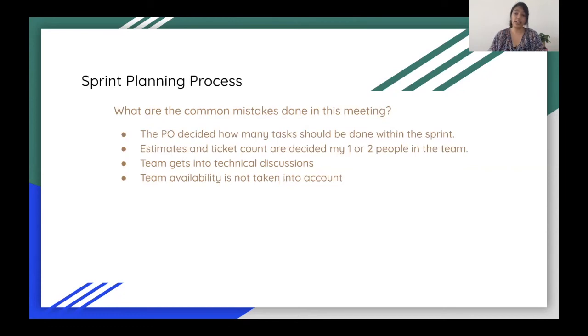That is wrong, because you don't have the capacity to churn out those 60 story points, right? So you always need to take into account if people are available, are they on vacation, are they on half day, are they on some training, and according to that you need to adjust the capacity of story points that you take.